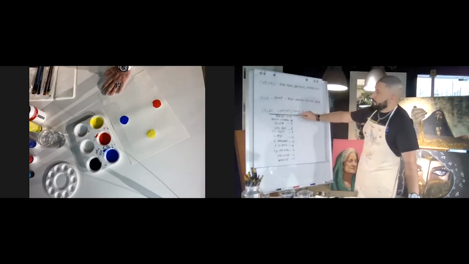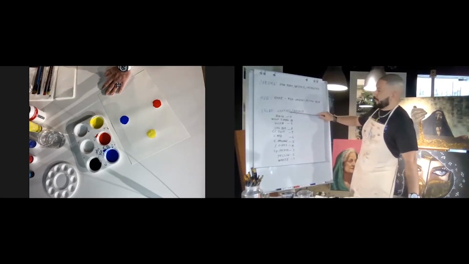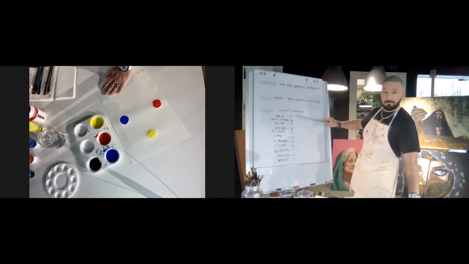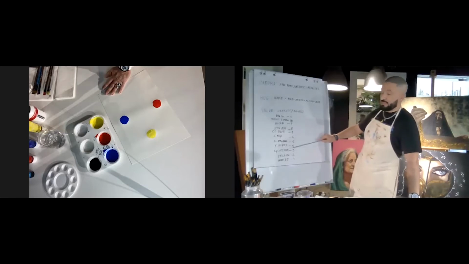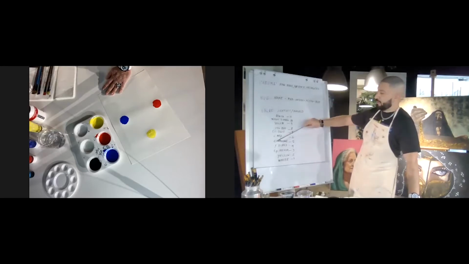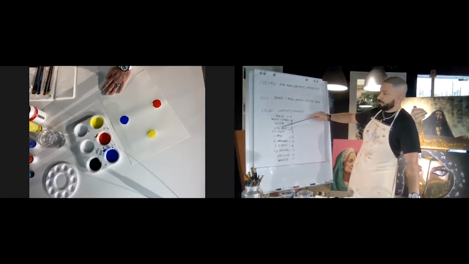When we talk about value here, we're talking about the lightness or the darkness of the color. So we have from 1 to 11. At the bottom, we have white. Then we have yellow because they're the two lightest. And then we start to go to the medium values, which start with the yellow ochre, the orange, and then red, blue, ultra blue.